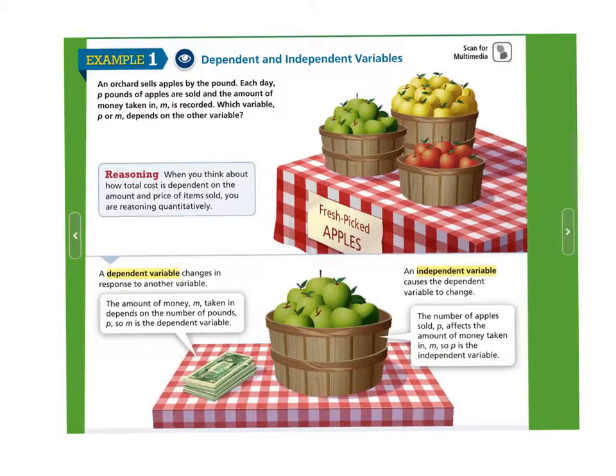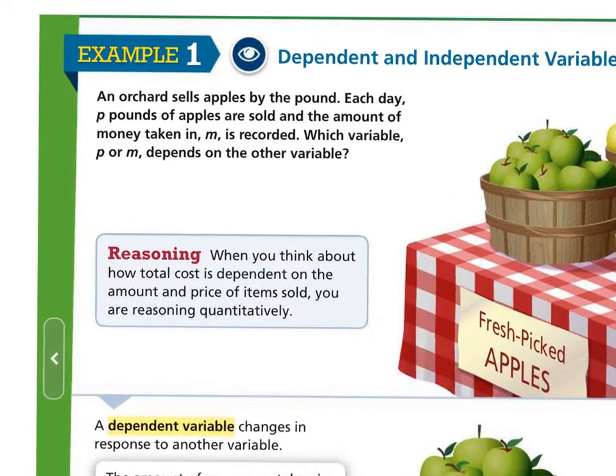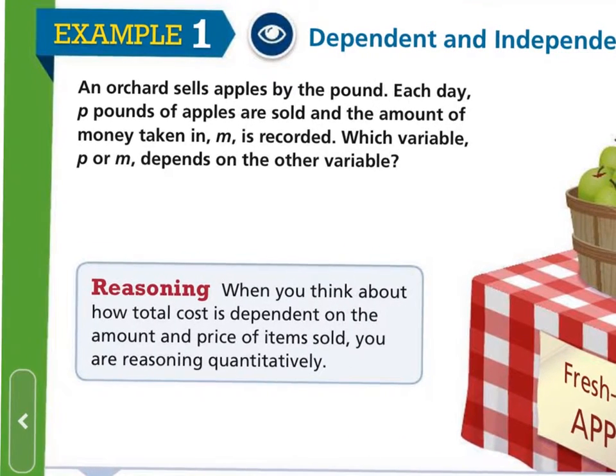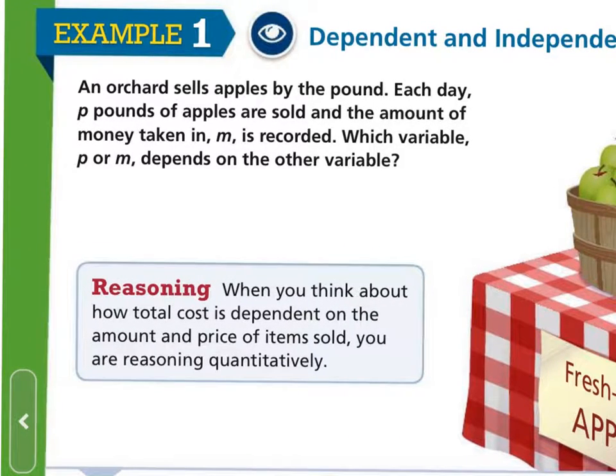Example 1: an orchard sells apples by the pound. Each day P pounds of apples are sold and the amount of money taken in, M, is recorded. Which variable, P or M, depends on the other variable? We could think about how many apples we sold depends on how much money we took in, or how much money we took in depends on how many apples we sold.